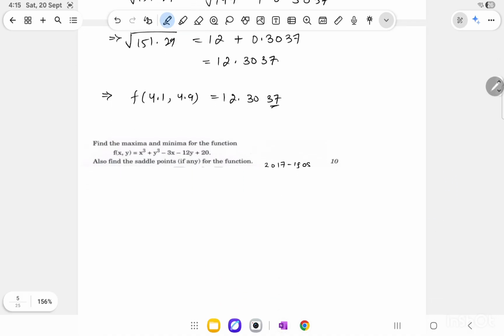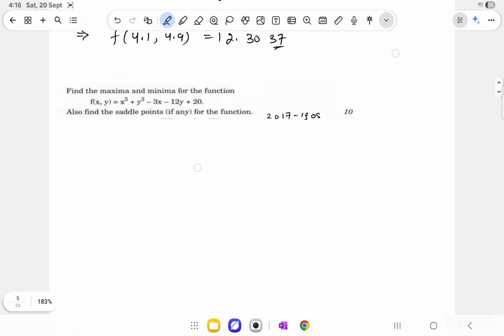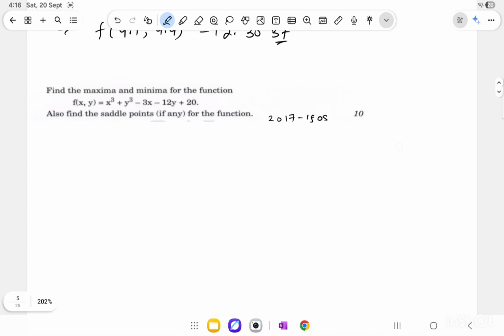So let's see the next question. In the next question, the examiner asks us to find the maxima and minima for the given function f of x, y, and we are also supposed to specify if there is any saddle point or not. So let's first find the derivatives of f. f of x, y equals x cube plus y cube minus 3x minus 12y plus 20.